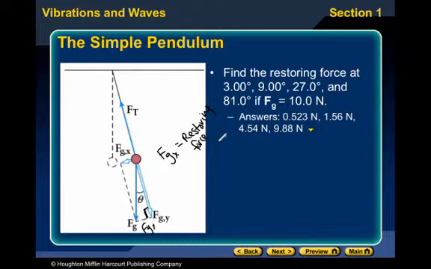So, what trig function would we use? We know FG is 10 newtons. We know the hypotenuse. We're looking for FGX, and we know the angle. So sine theta.